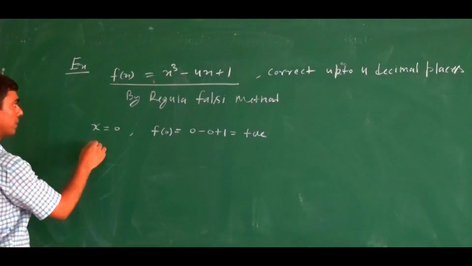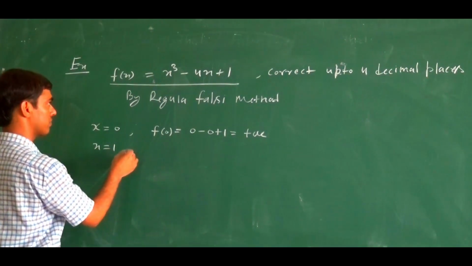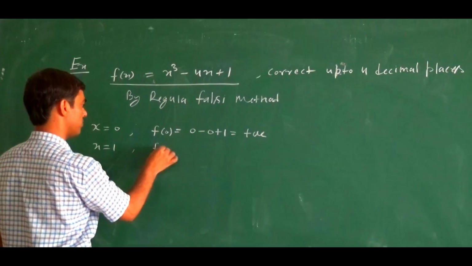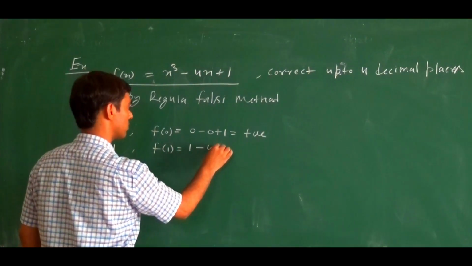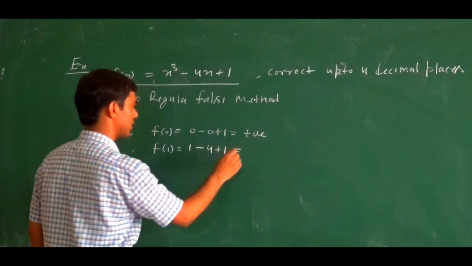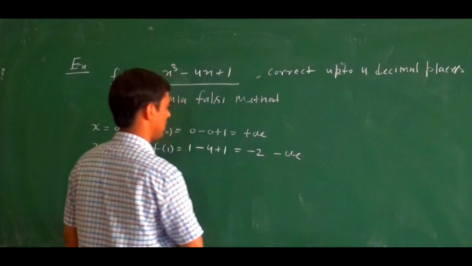For x equal to 1, f of 1 equals 1 minus 4 plus 1, which equals minus 2, a negative value.